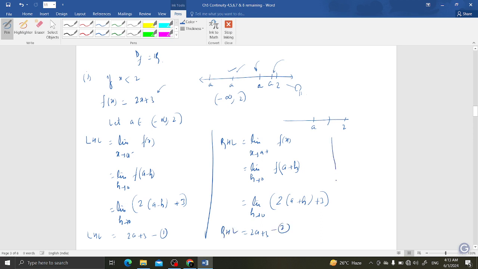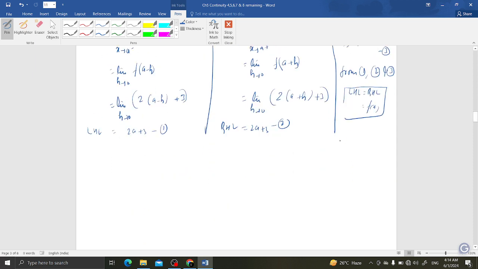Now f of a, which is also left of the 2, is 2a plus 3. So from the first, second and third equations, LHL equals RHL equals f of a, which implies that f is continuous at a.